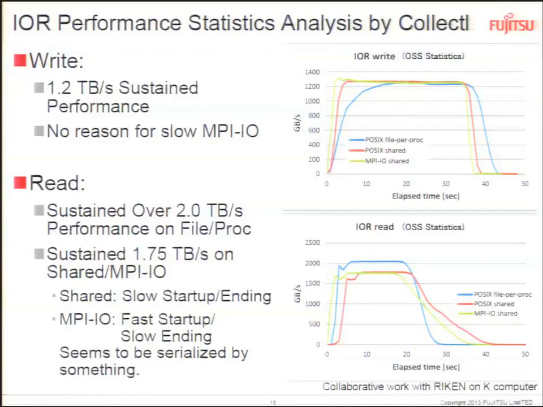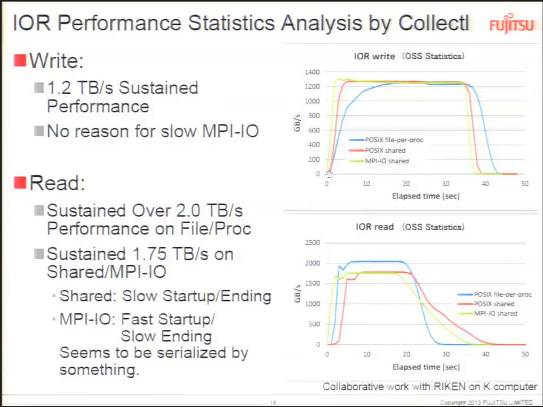Firstly, we measured IOR performance statistics, analyzed by a collector, for write and read. Here, the upper side is the I/O write performance, for both file per process, shared file, and MPI-IO shared file. Here is the elapsed time in seconds, and here is gigabytes per second. In the I/O write case, it continuously accesses at 1.2 terabytes per second, and there is some time loss. It differs for each kind of benchmark.